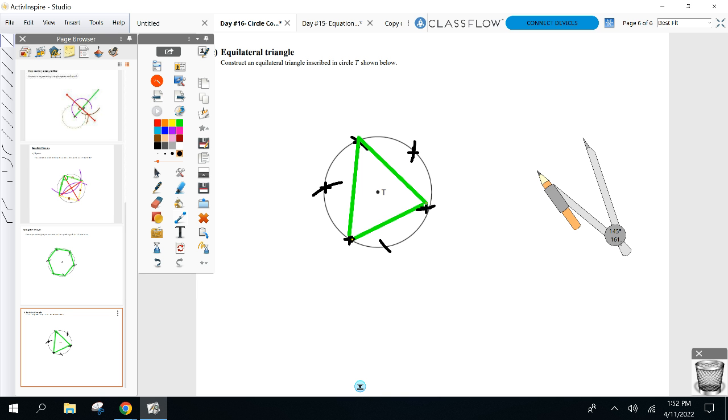There you go. Equilateral, hexagon, same one.